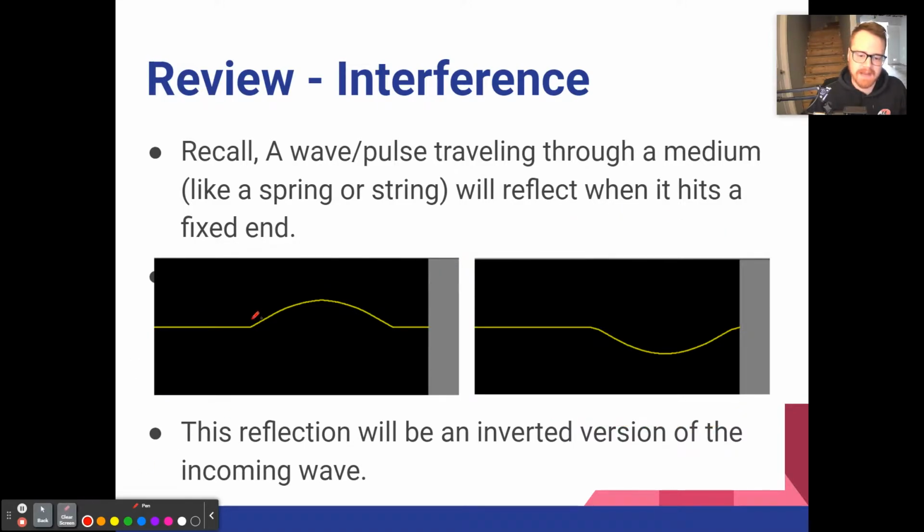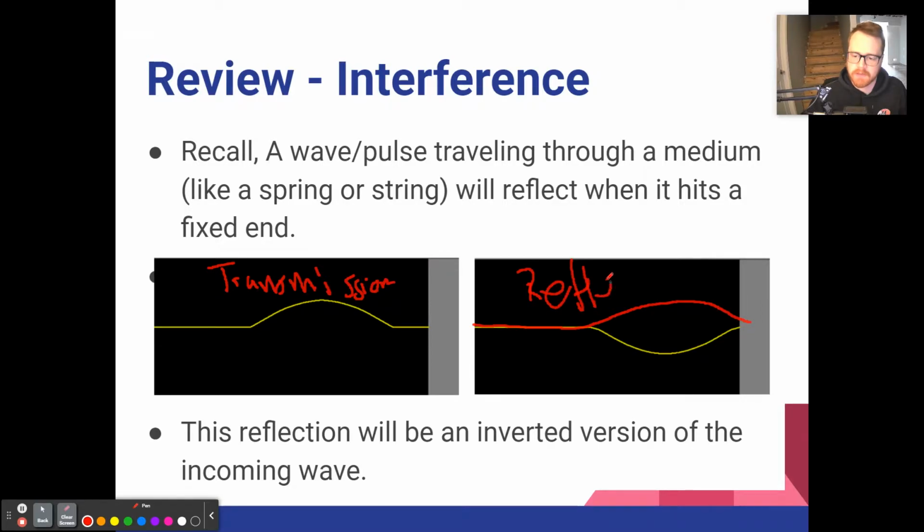That's in contrast to if this were a loose end. If it was loose, the wave would come down like this, but instead of seeing it inverted, we'd see it come back just upright and reflected. So remember what this basically is: this is the difference between transmission, heading towards the other end, versus reflection.